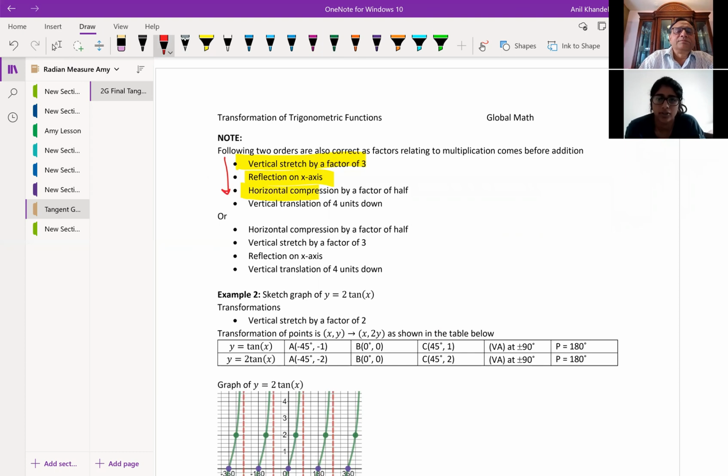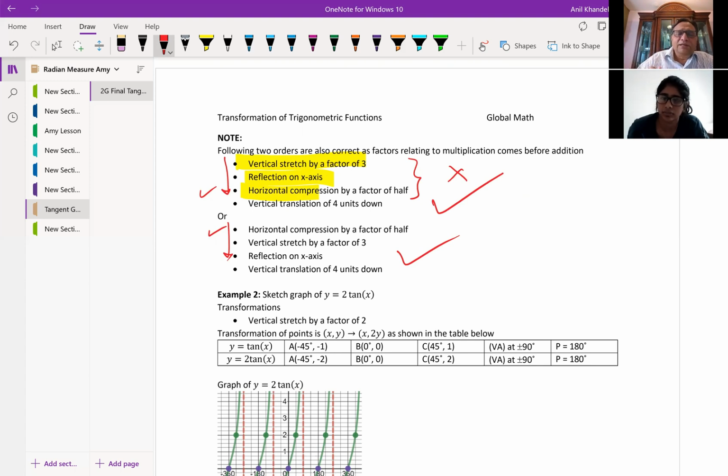Or horizontal compression by a factor of a half, vertical stretch by a factor of 3, reflection on the x-axis, and then vertical translation of 4 units down. Because the first 3 factors are related to multiplication, you could say vertical stretch first, or horizontal compression first, or reflection first. It doesn't matter, all 3 are multiplication. So you could write this order or that order, both are correct.